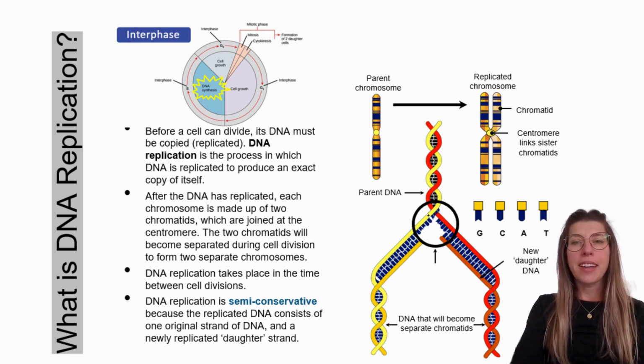So you can see in the picture here, the double helix DNA becomes unwound through the replication process. And when it makes exact copies of itself, it retains 1 original strand, or the parent strand, and then it has a daughter strand, which is the newly replicated one.